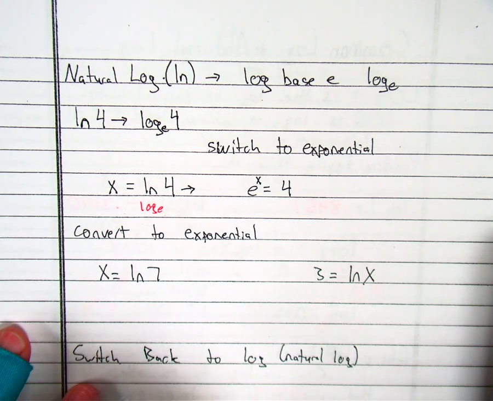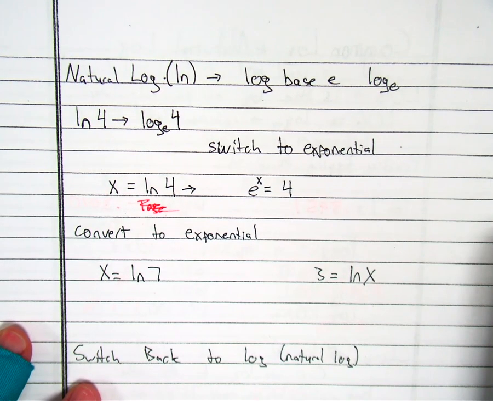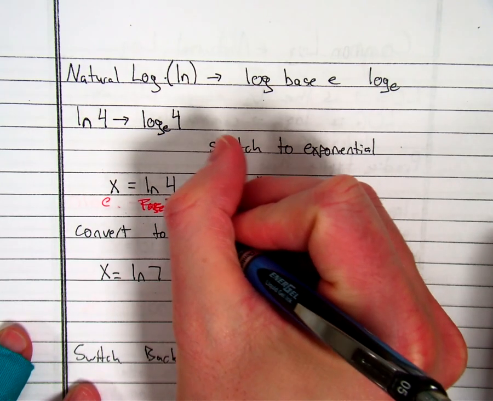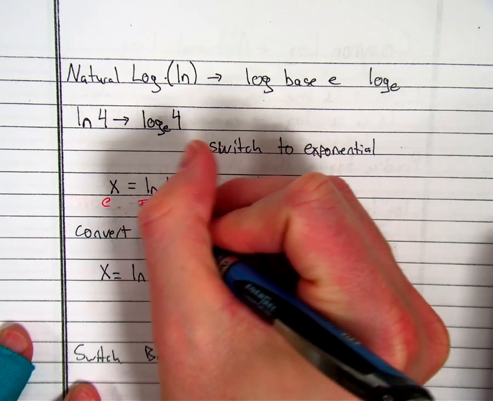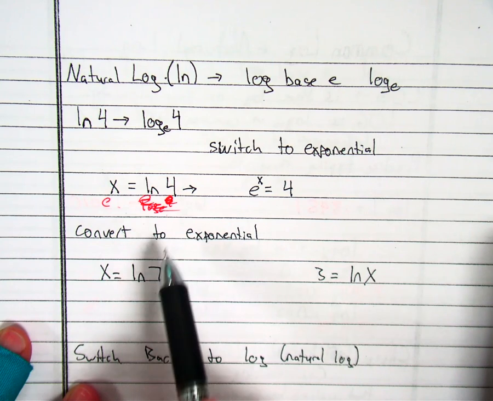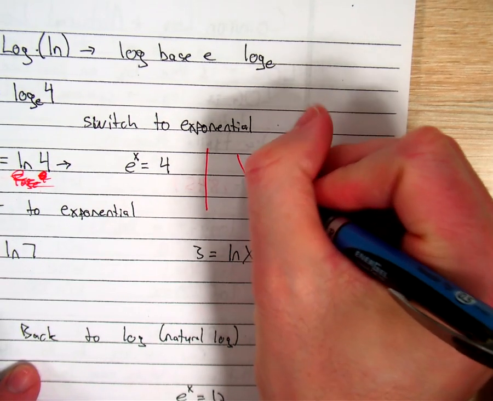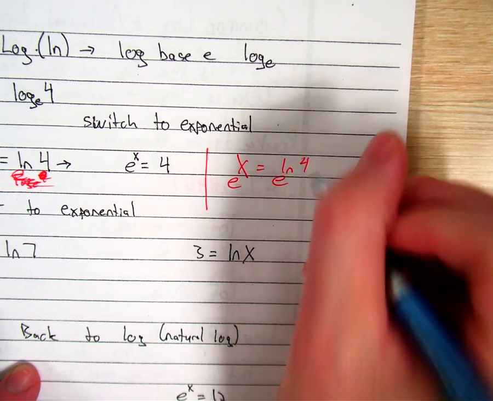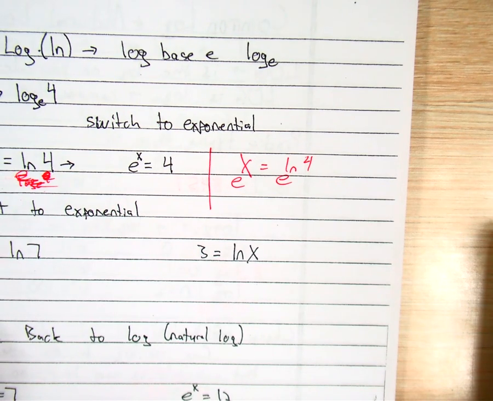The other thing we can do is exponentiate both sides. We had x equals natural log of 4. We can bump both sides up as a power, or an exponent, of e.